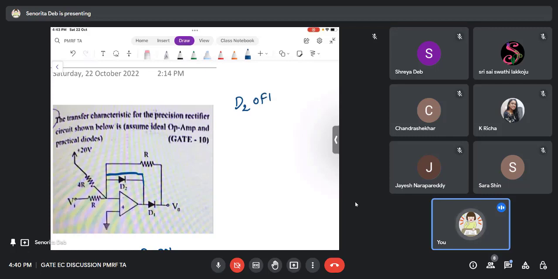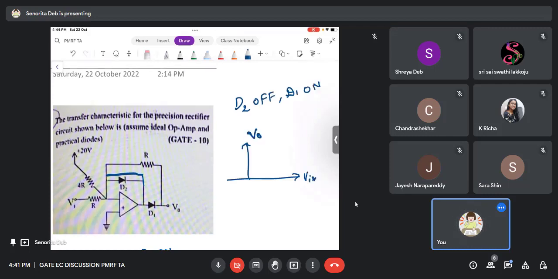In the question they had given this circuit and these various graphs between V in and V naught, and they asked which one is correct. Okay, so the first thing that you see is that this is 0 volts, right? This is 0 volts.